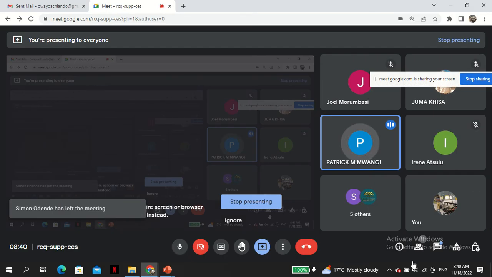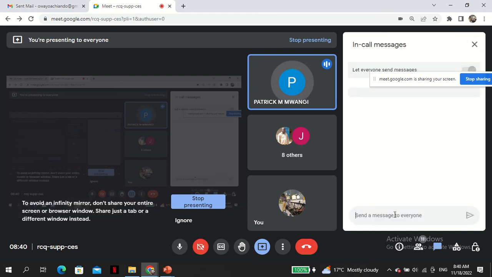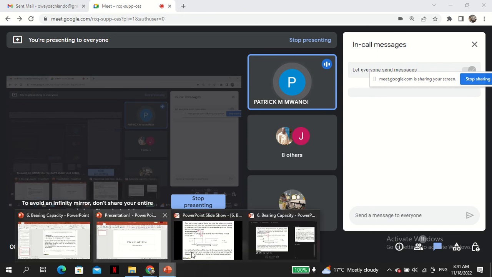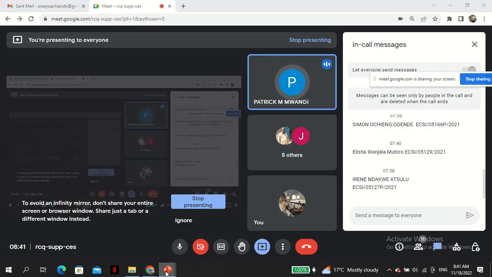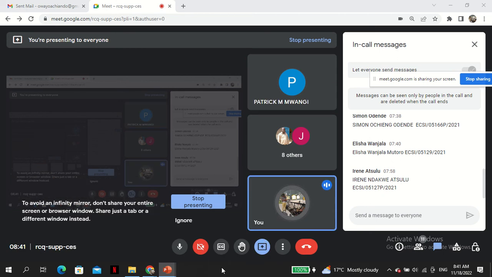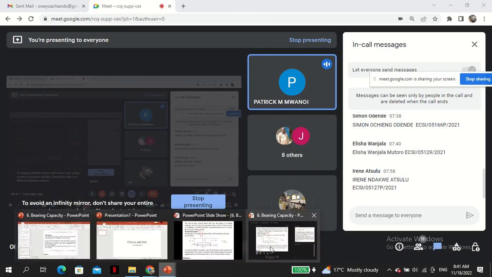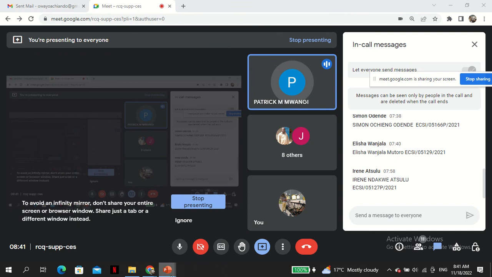I had a problem with that formula because there are two formulas that look similar but are different. Earlier, you told us that qu was cNc plus qNq plus capital B and gamma. So you are confused between the capital B and the small b.